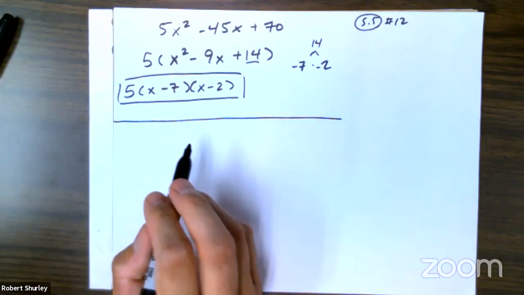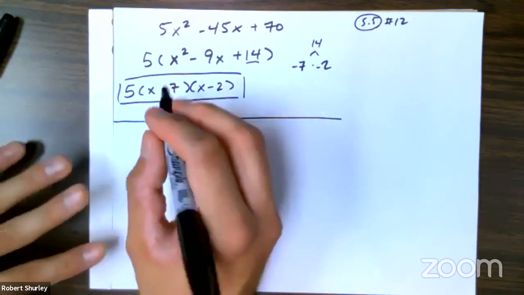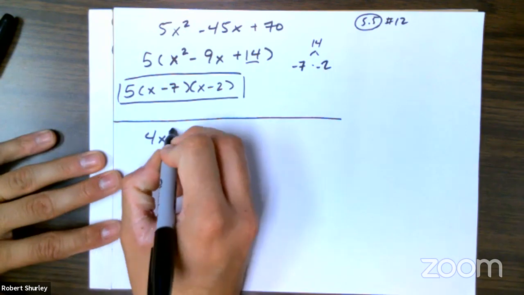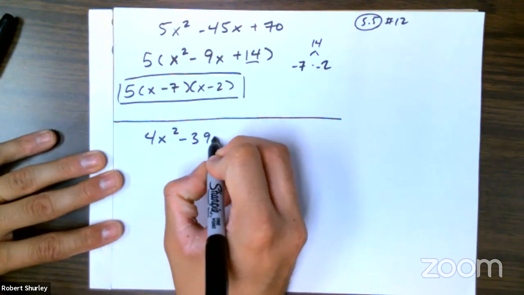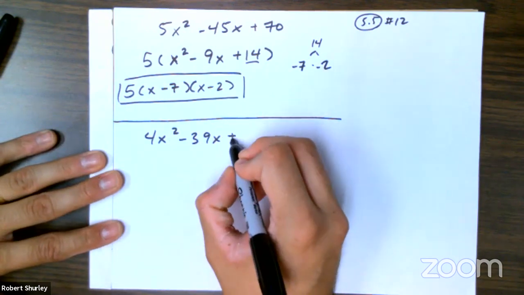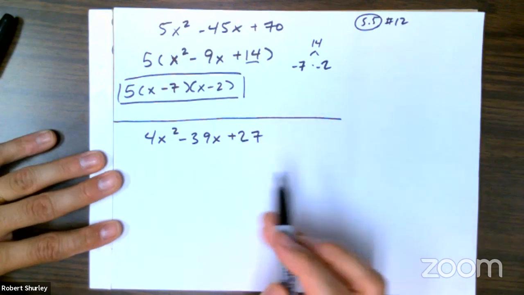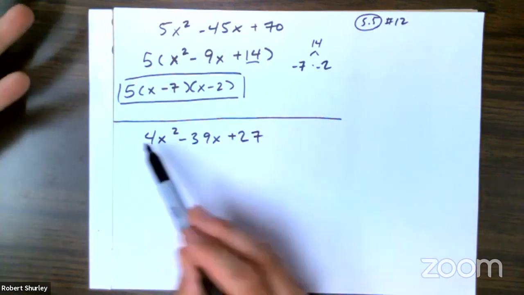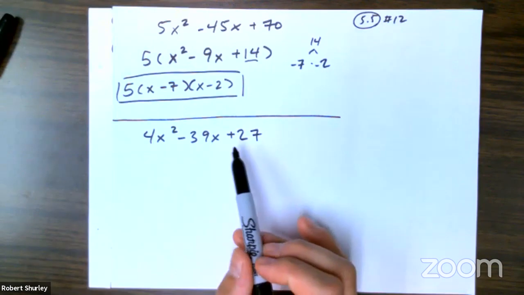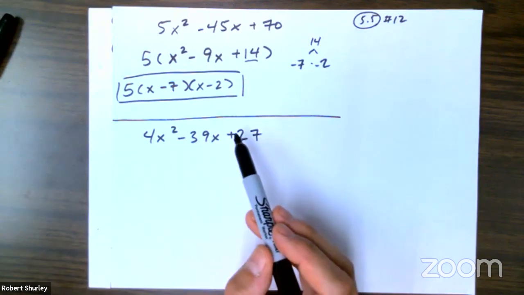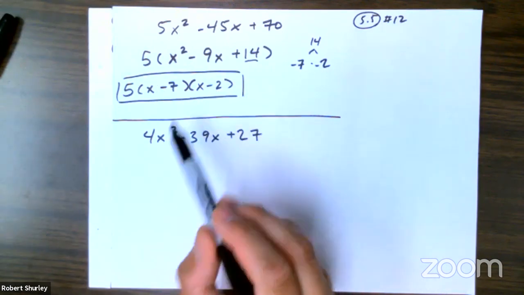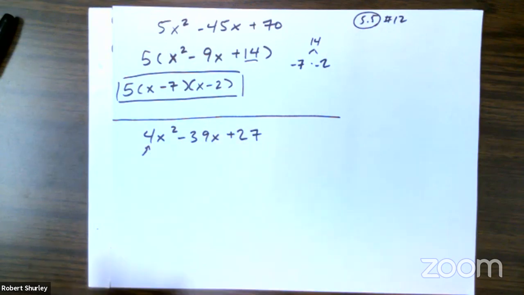And again, this only works with a 1 in front. So if I gave you an example like 4x squared minus 39x plus 27, I can't factor a 4 out here, right? These two are odd. These aren't divisible by 4. I can't factor 4 out. I can't do this quick method because I've got a 4 right here and it's stuck. So I have to do the AC method.